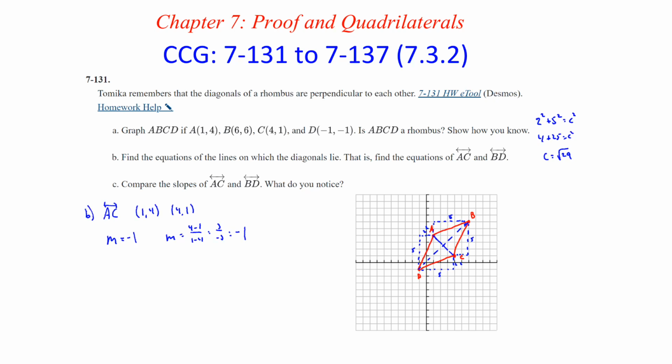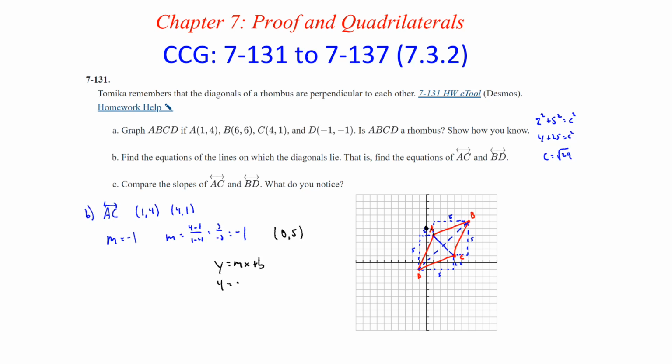And then the y-intercept, once again, we could work backwards, and if I didn't have so much stuff on my graph, maybe you could see it, but if I work backwards, my y-intercept is going to go up 1 to the left 1, and then that would give me a y-intercept of 5. At least that's what it appears to be. Once again, if you want to find out for sure algebraically, you can use your equation y equals mx plus b and plug in a point. I'll just use the first point.